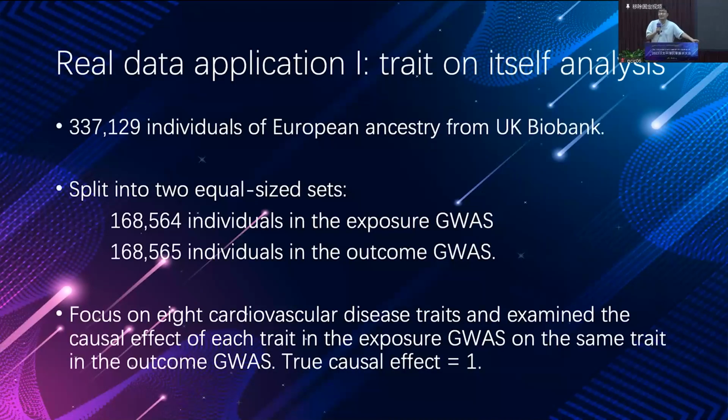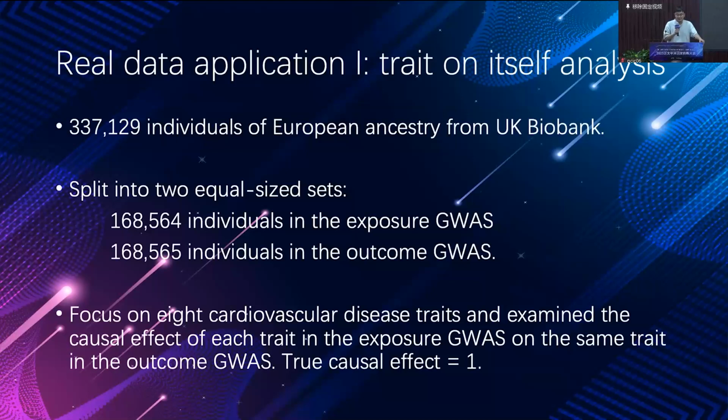For the real data application, my big issue is that you never know the truth in real data analysis. So for the first real data analysis, we perform a trait-on-itself analysis. In particular, we take 300 individuals of European ancestry from UK Biobank and split them into two equal-sized sets.